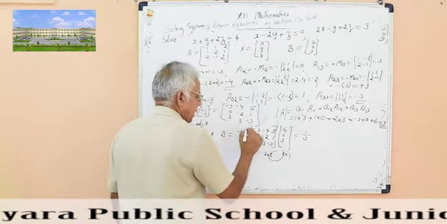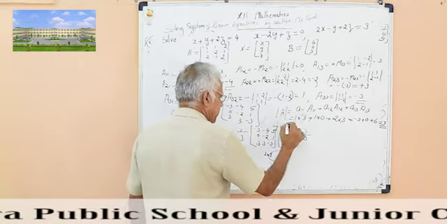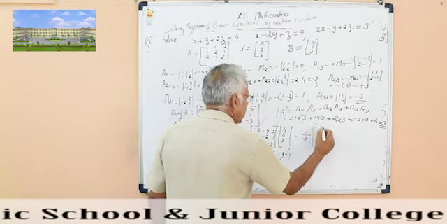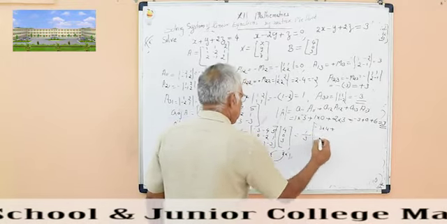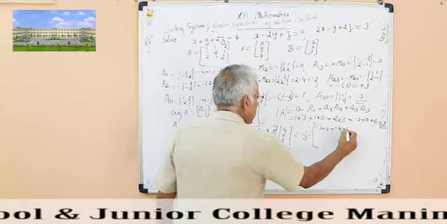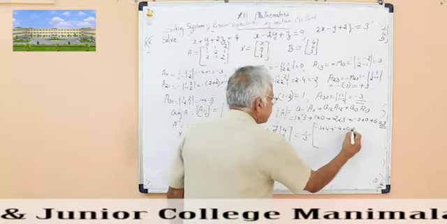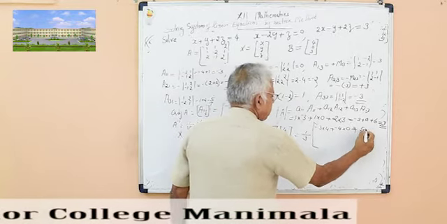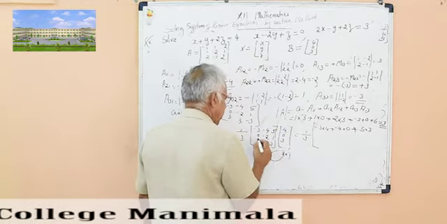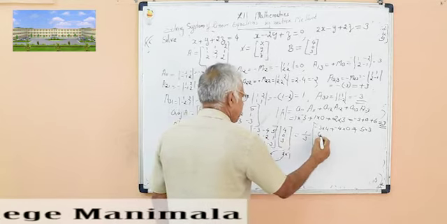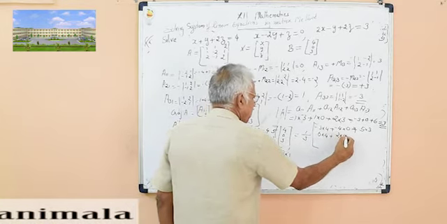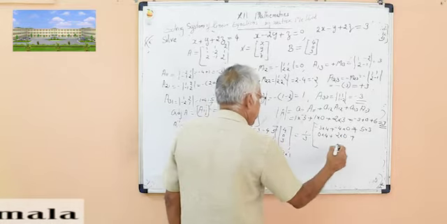So, first row with the first column: minus 3 into 4 plus minus 4 into 0 plus 5 into 3. Again, 0 into 4 plus minus 2 into 0 plus 1 into 3.